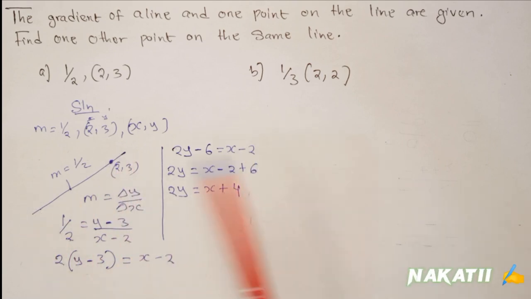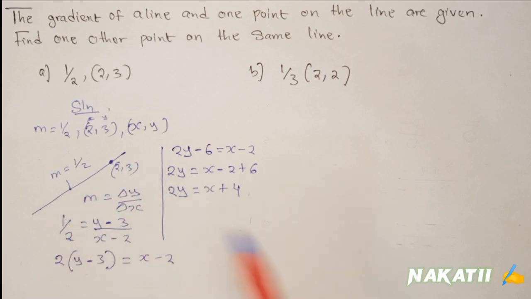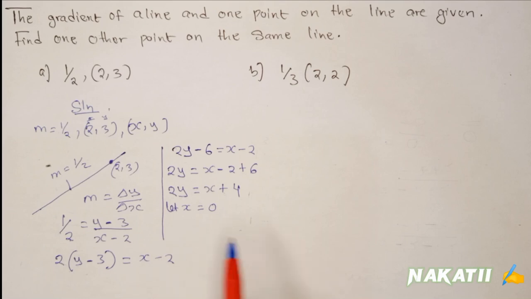Now we have been told to find another point that is passing through that line. We can just pick a point, and the best one to pick is when either x is 0 or y is 0. So let's let x be equal to 0. When x is 0, we substitute in this equation and find the value of y.